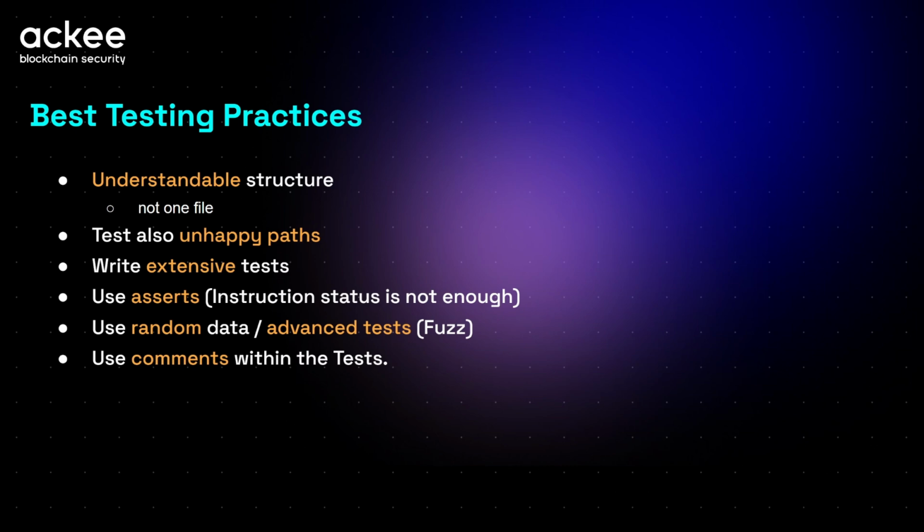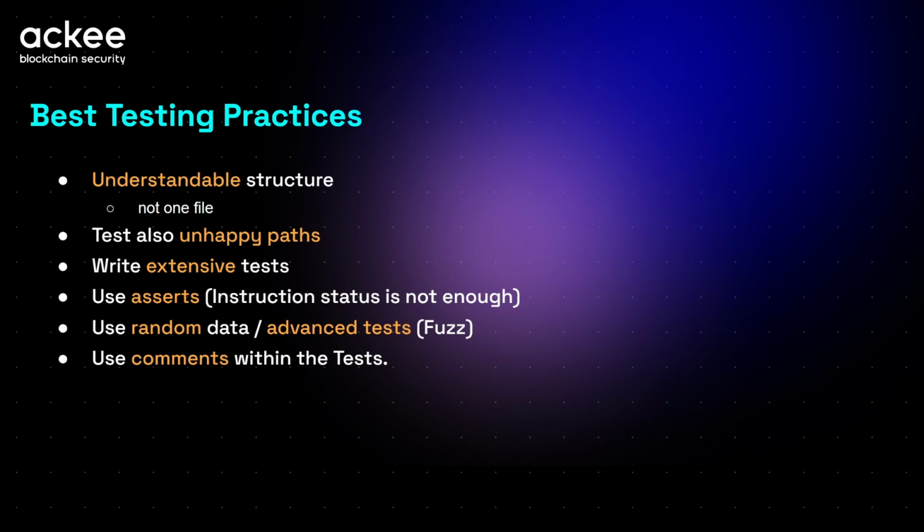Same goes for the instruction data inputs. If the instruction expects values between 5 and 10, you try to send 15, let's say, and check if the instruction behaves as expected. In this case, it should throw an error.